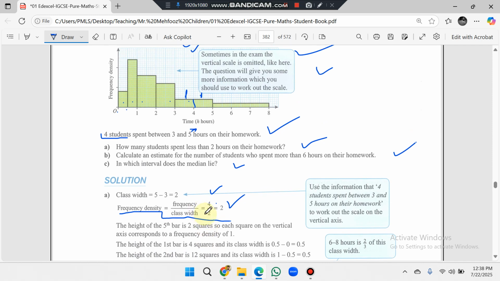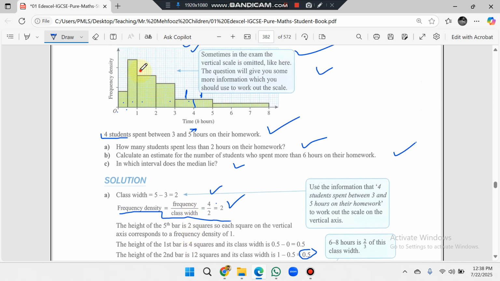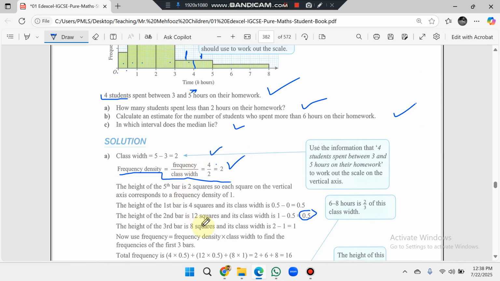So this is the estimate. The second bar has 12 squares and its class width is 1 minus 0.5, that is 0.5. And also the height of the third bar is 8. So you can see that its class width will be 2 minus 1, right?